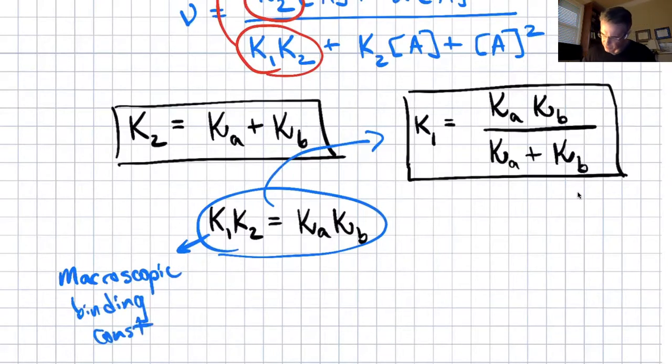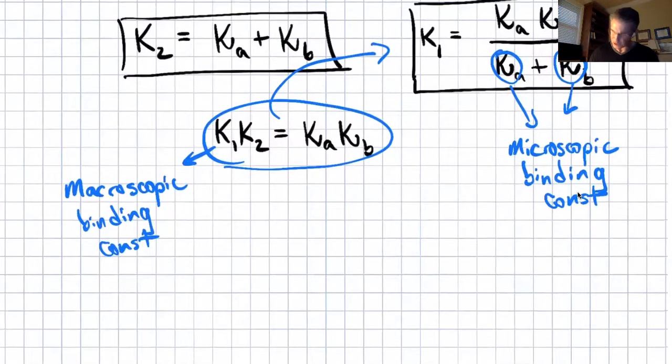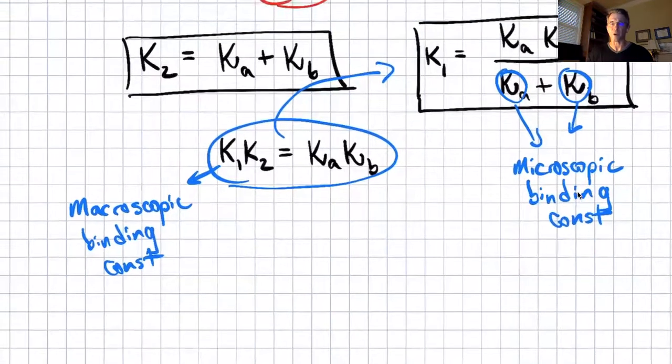And these kappa terms are referred to as microscopic binding constants. Okay, so here's the interesting thing. Look what happens if you assume, based on those relationships, that the microscopic affinities are identical.